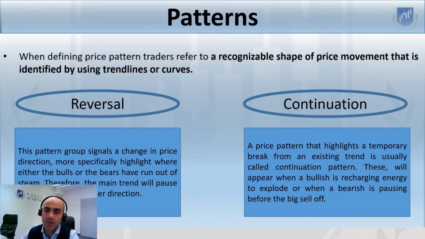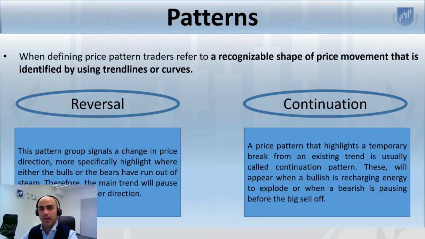Then we have the continuation pattern group, which are price patterns that highlight a temporary pause from the main trend. Therefore, when we see a bullish trend pausing, it means that we could come across a continuation pattern, meaning that the bullish trend is recharging energy to shoot again to a much higher price.